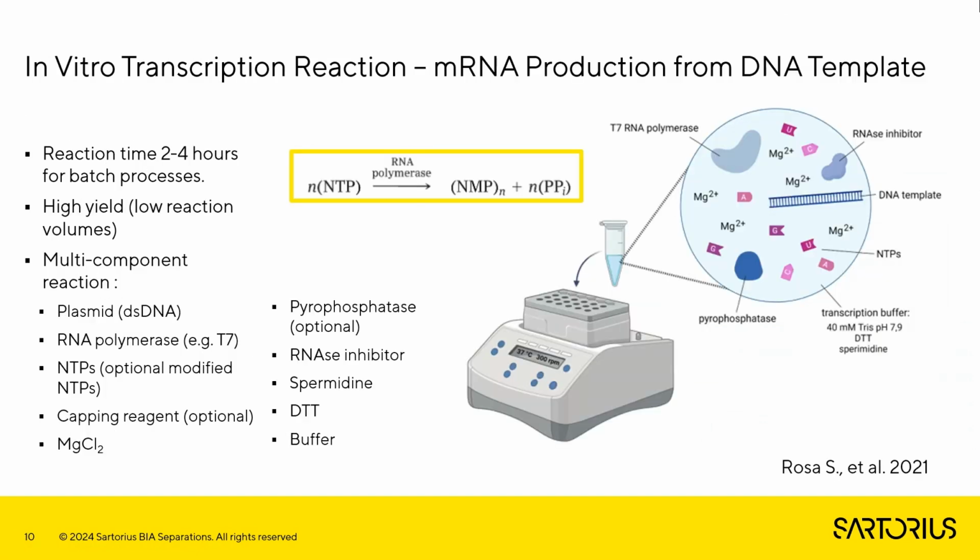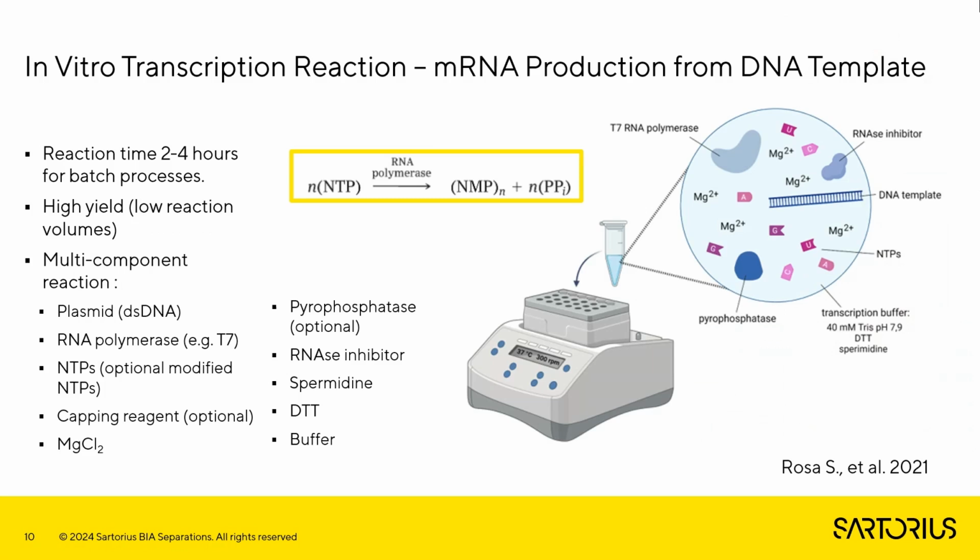So mRNA is produced by a chemical reaction. It's an enzyme catalyzed chemical reaction, polycondensation of nucleotides or NTPs, guided by a DNA template, typically a linearized DNA template, catalyzed by an enzyme called RNA polymerase, typically T7, to form a chain of nucleotides, and in turn producing something called pyrophosphate.